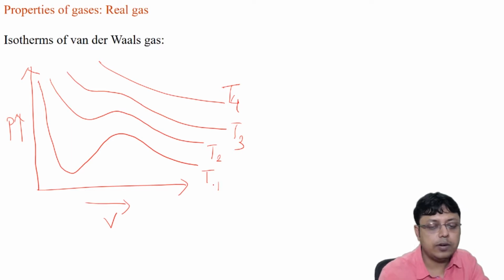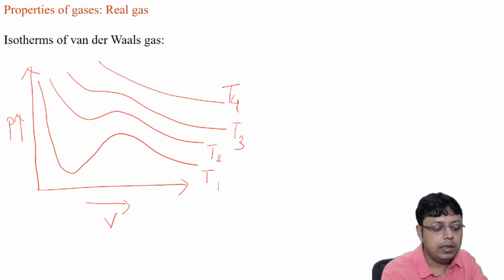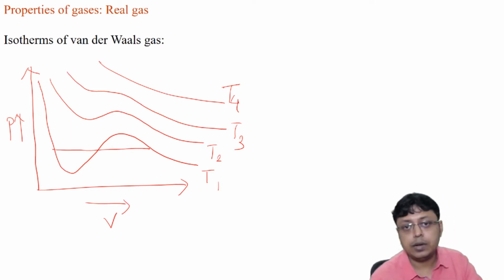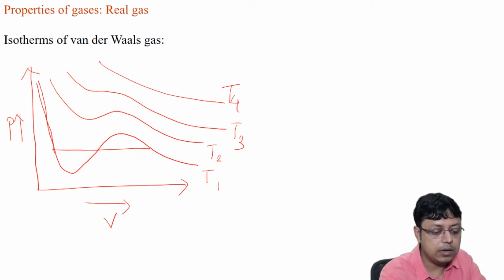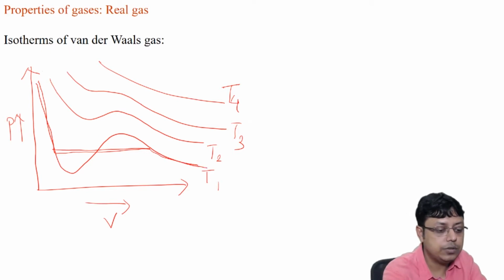Now look at the first curve, which is at temperature T1. Notice carefully that if you recall the curve which was obtained by Andrews for a real gas, it had a nature like this curve A, B, C, D, which we discussed.